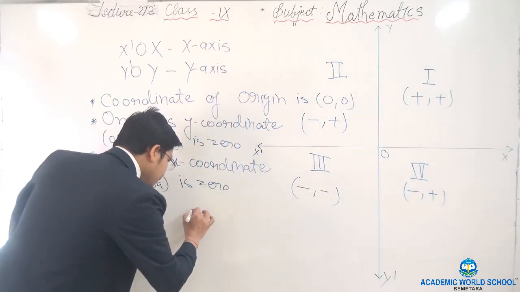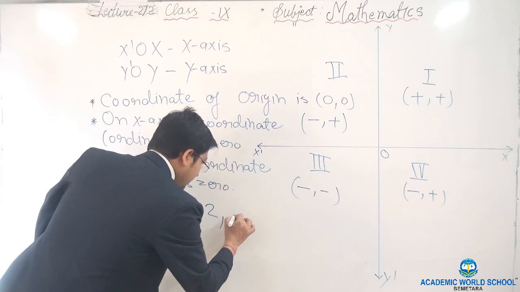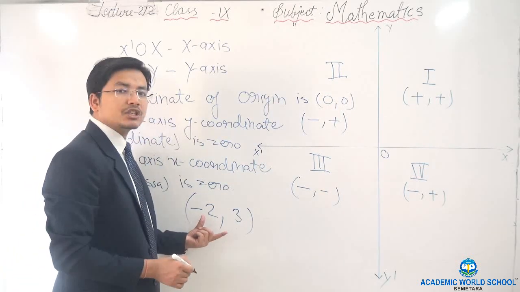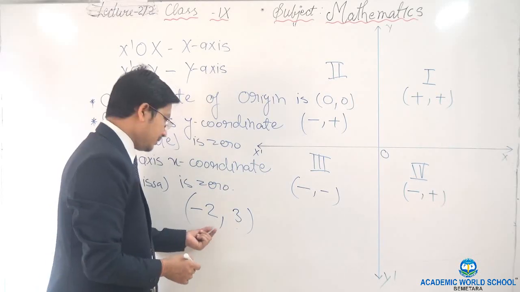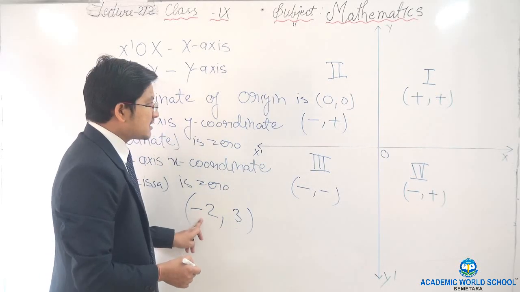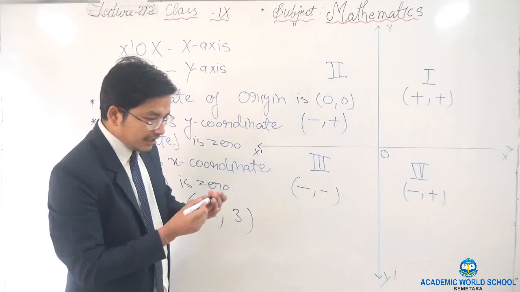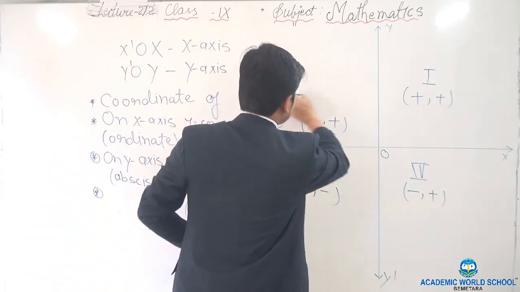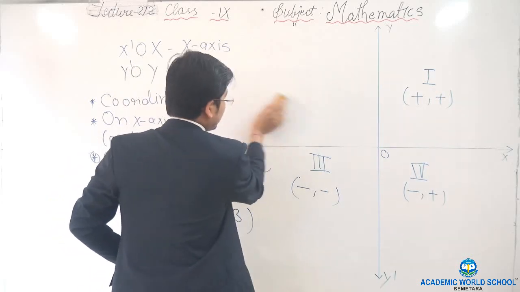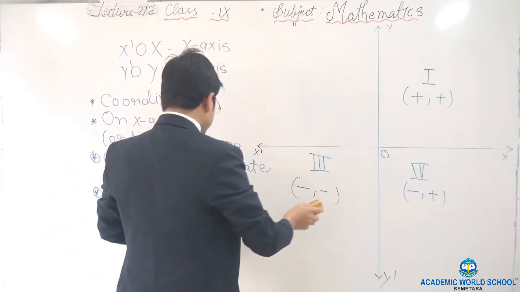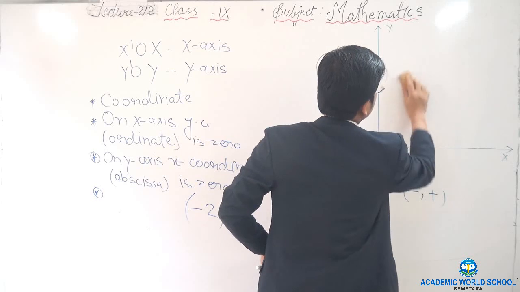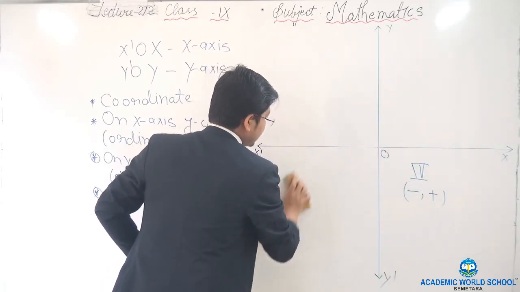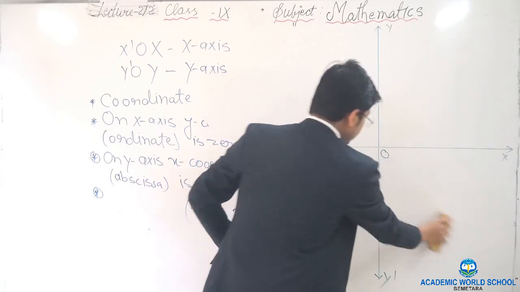If I ask you that the point -2, 3 is lying in which quadrant, we can simply plot this point and then observe which quadrant it is lying in.